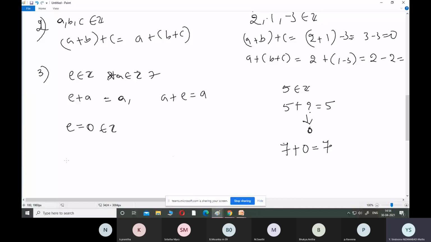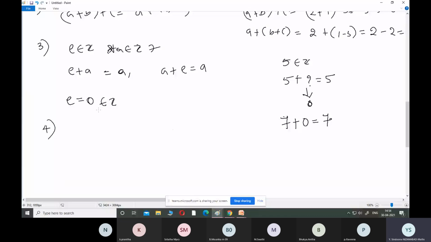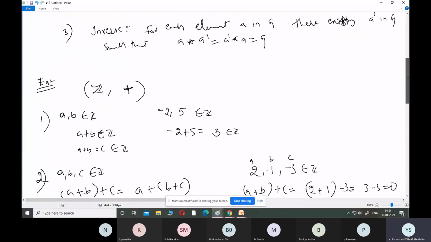In the same way, the fourth property to satisfy is that every element in Z should have an inverse. So the definition, what did we write here?